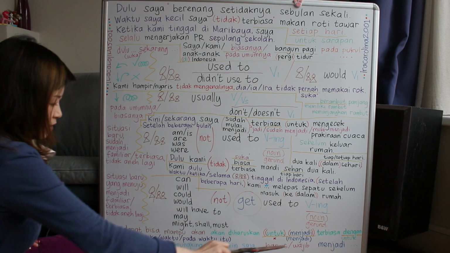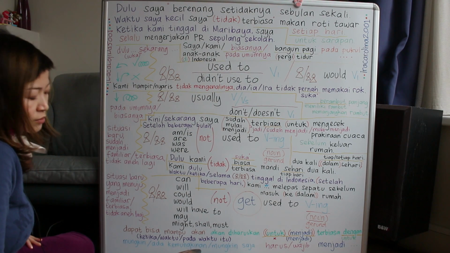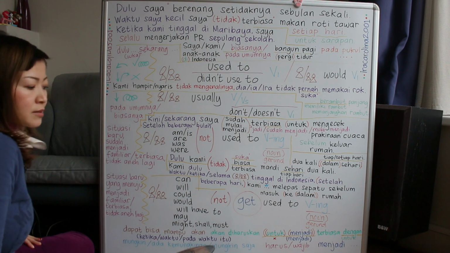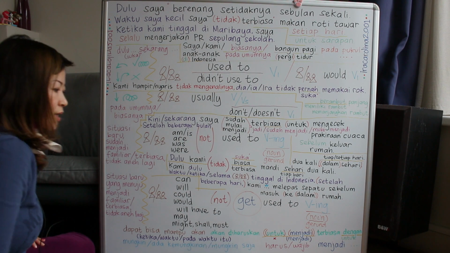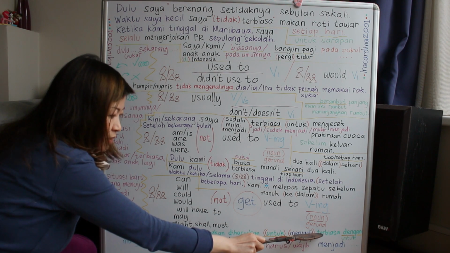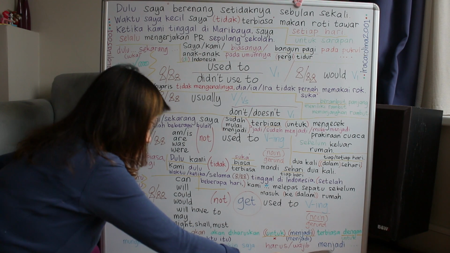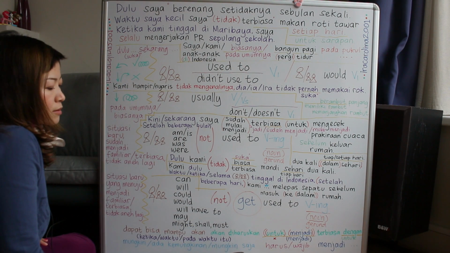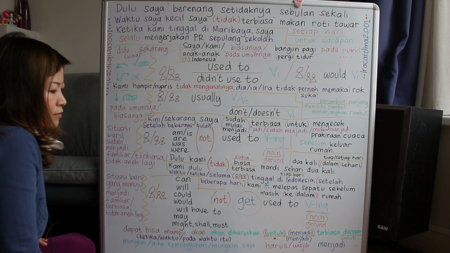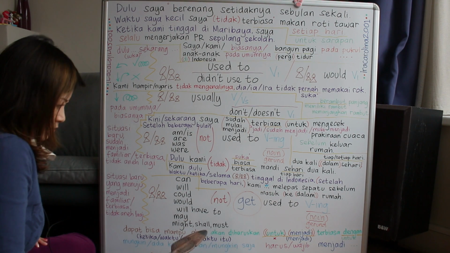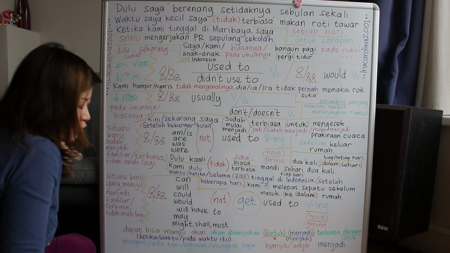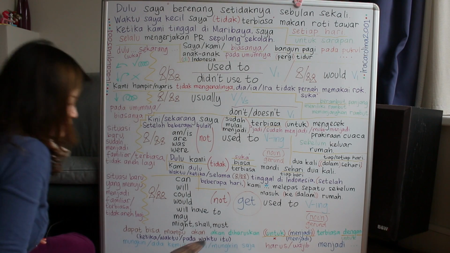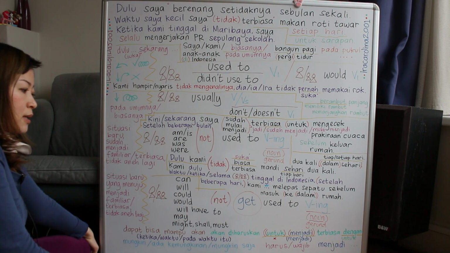With these words, I suggest to use the menjadi, be or get, and then again we say the get. Menjadi, be or get, and then terbiasa dengan or terbiasa untuk, used to.